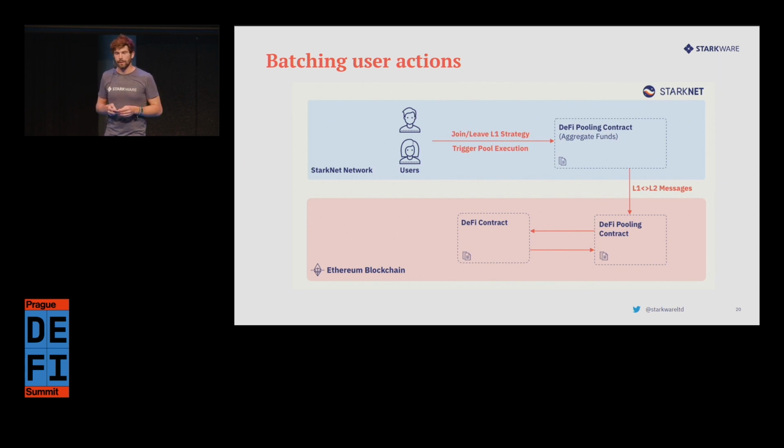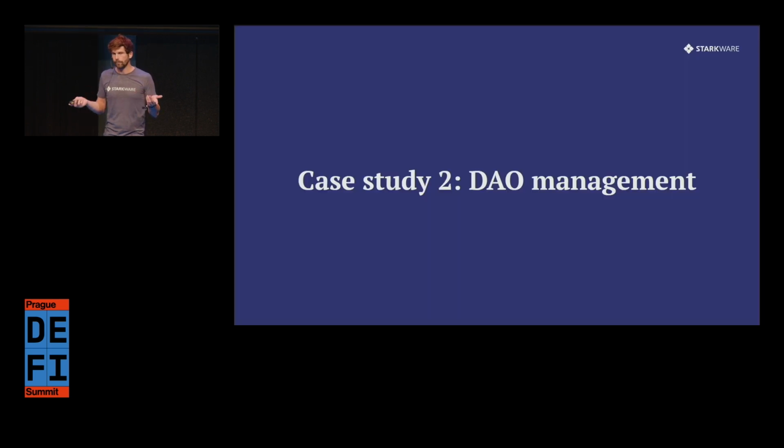Another interesting example I like to take is using Starknet for DAO treasury management. Right now, most DAOs that live on L1 have a very big problem with the engagement of people. Voting is very expensive on L1, so most people don't vote, so you don't get a lot of participation in your DAO.